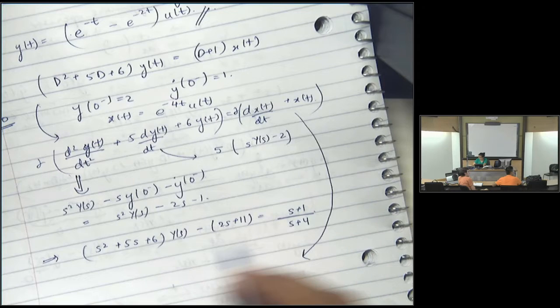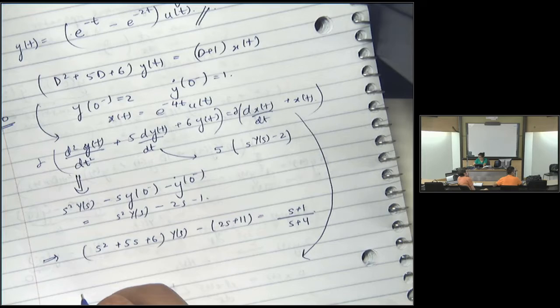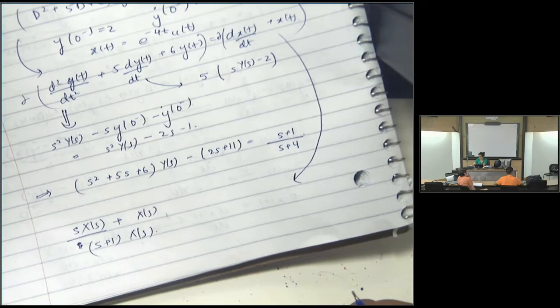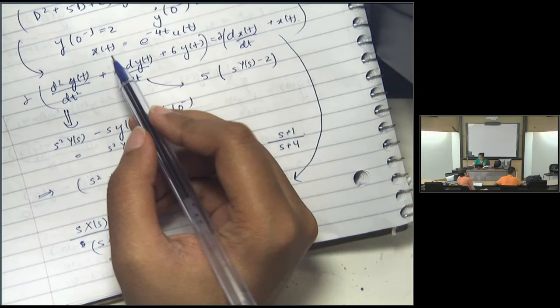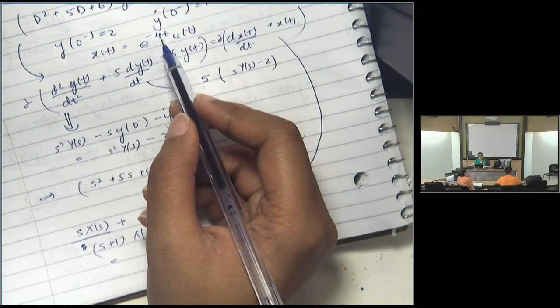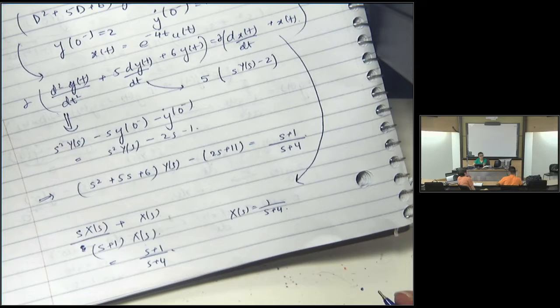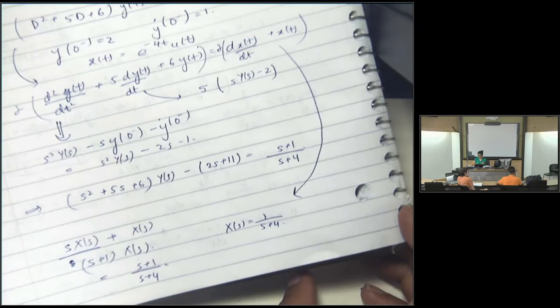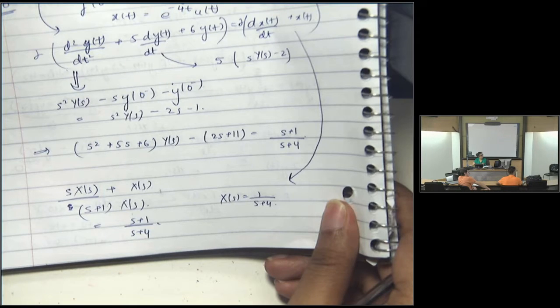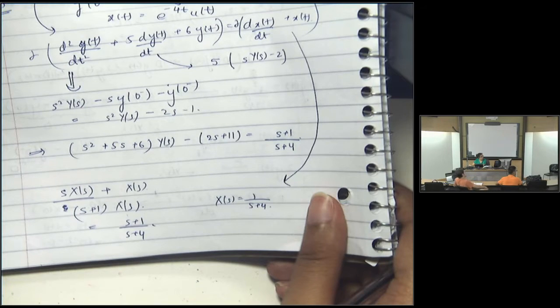Okay. Taking the Laplace of my right hand side, first I'll get s into X(s), plus X(s), that is (s plus 1) into X(s). My X(s) is 1 over (s plus 4), because my x(t) is e raised to minus 4t u(t).